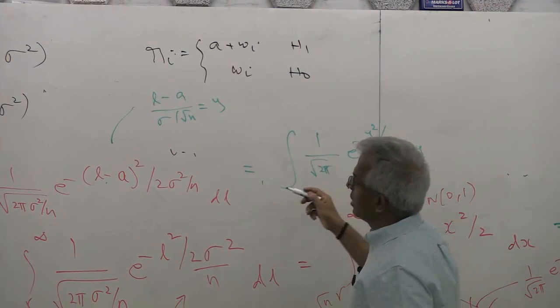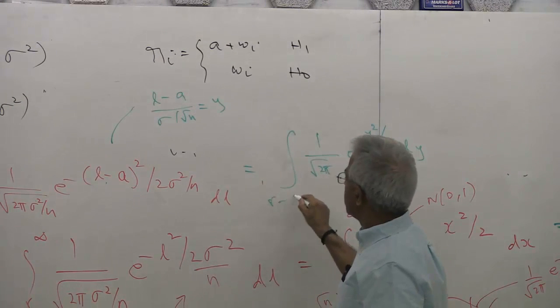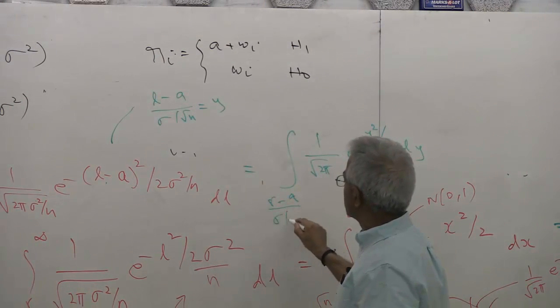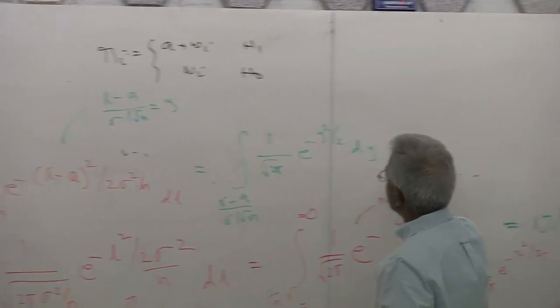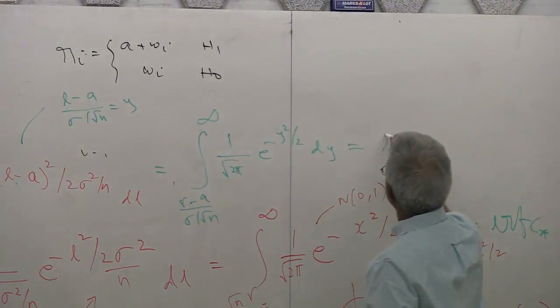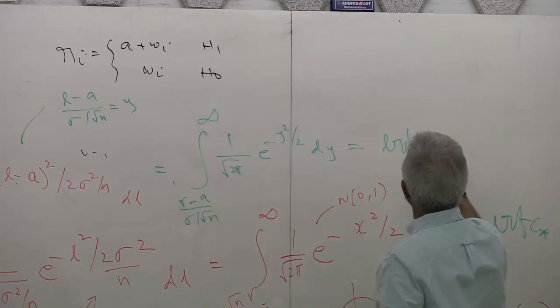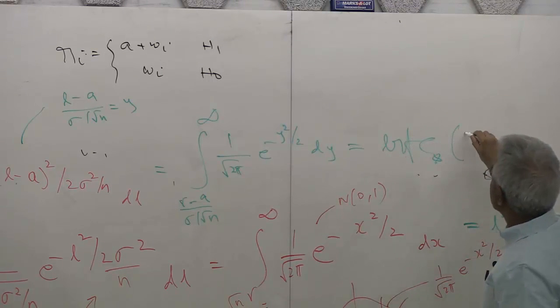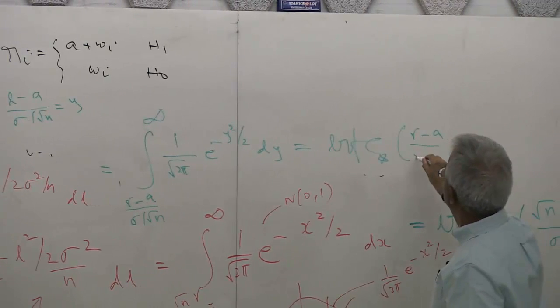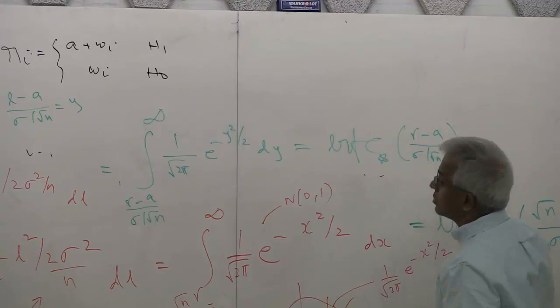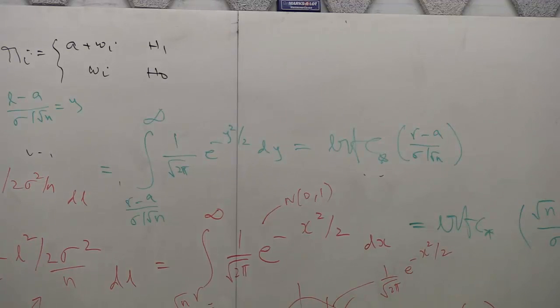The only thing is in the limit. So when you put gamma here, you have gamma minus a over sigma over square root of n, to infinity. So the answer is error function complementary, that new constant, gamma minus a over sigma over square root of n. So I'll do that quickly here. It's already here.